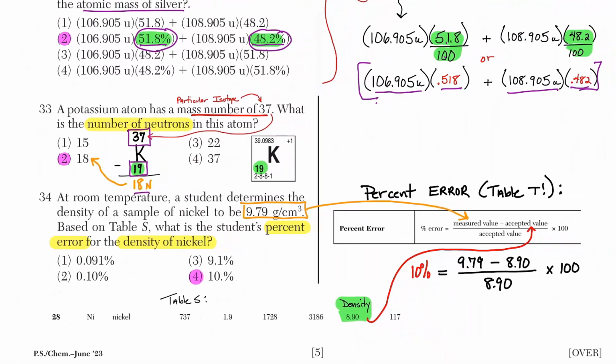We need the accepted value for nickel. Where did we look? They told us Table S, so we found that, which is 8.90. I kind of rewrote this right down here. Plug that in here, and then you divide by the accepted value times 100, you get 10%. So pretty straightforward. If you didn't know what the percent error formula was, you forget it, like my students.